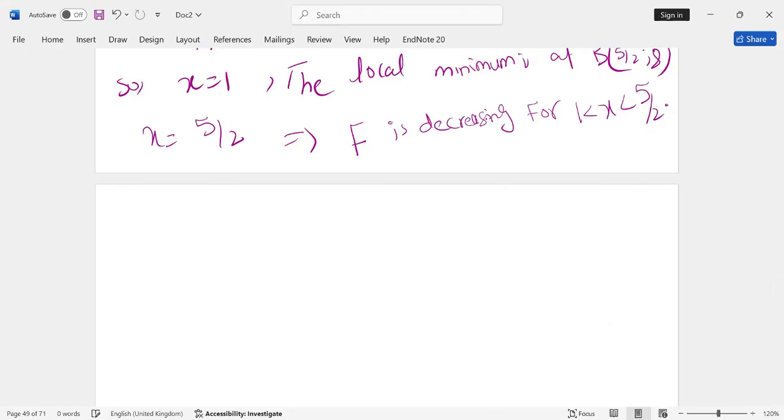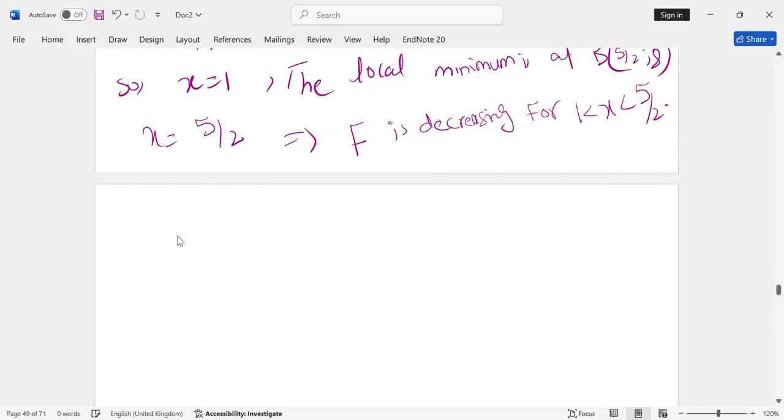So the derivative f prime of x is negative only between x equals 1 and x equals 2.5, or you can say 5/2. This is the required answer for this question.